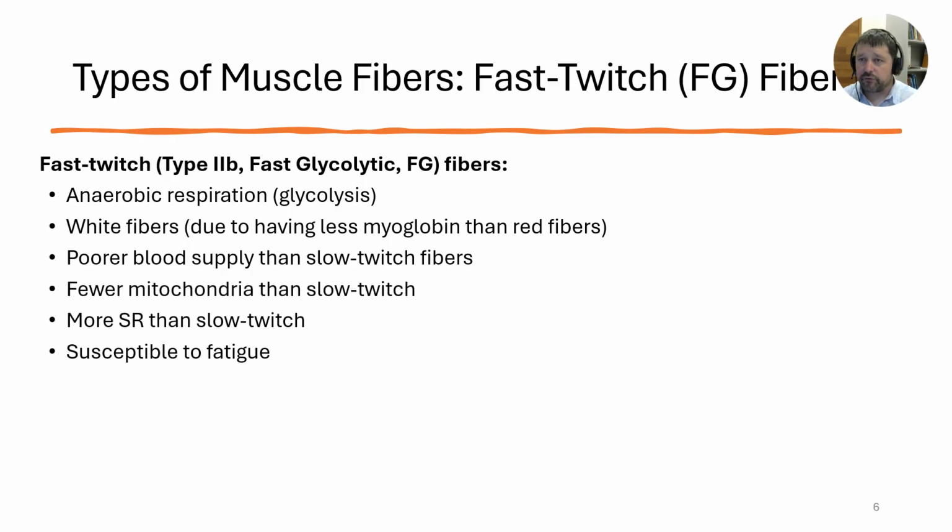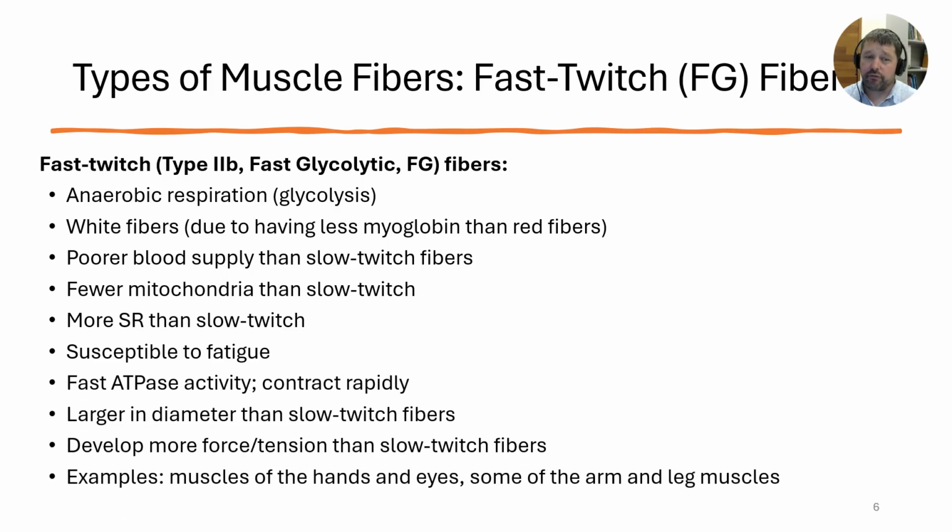They're susceptible to fatigue because if you're just using glucose and you're burning through, you're not generating much ATP. Okay? But because you don't need to wait for oxygen to get to the region, you're a fast muscle. You can be activated extremely fast. So you can contract rapidly, although you're going to fatigue out pretty fast, but you can contract a lot faster.